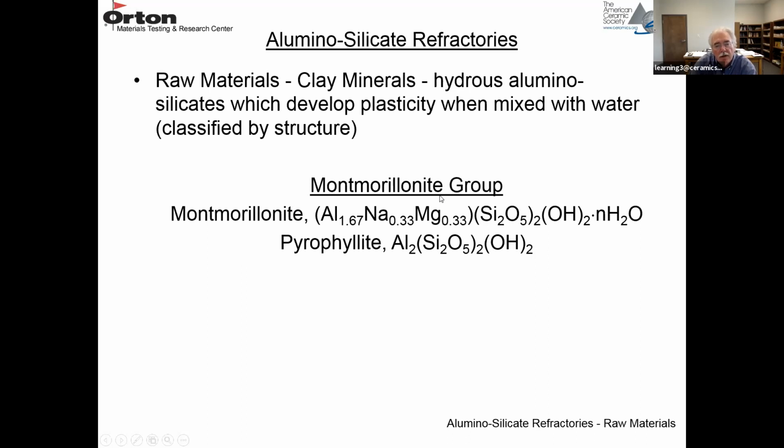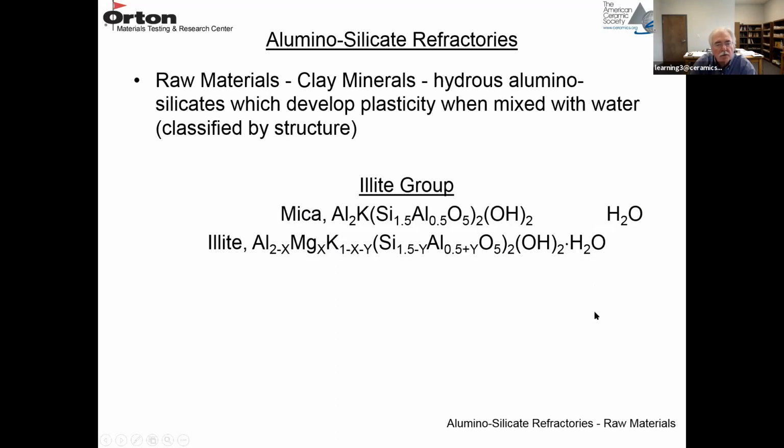There's the montmorillonite group. Now, montmorillonite has sodium and magnesium substitutions on the aluminum sites. And it also has an attached water, H2O. Pyrophyllite is Al2Si2O5, that's 2 times, plus OH2. And then the third group is the illite group.